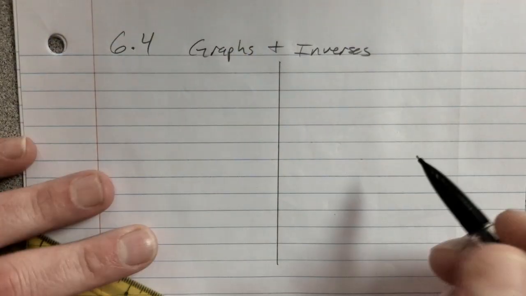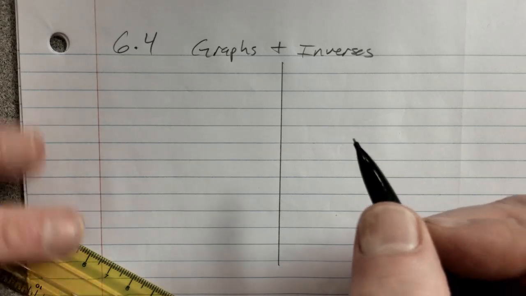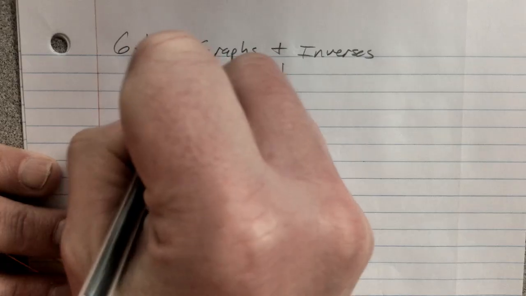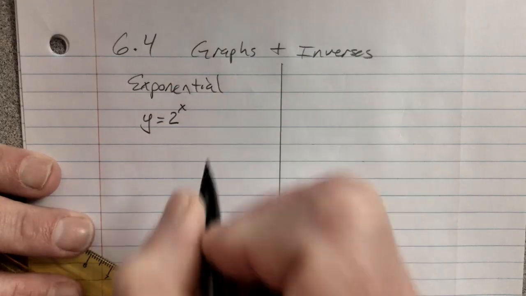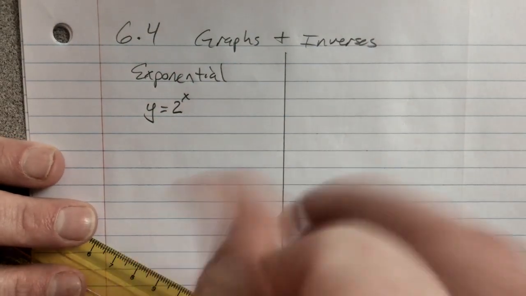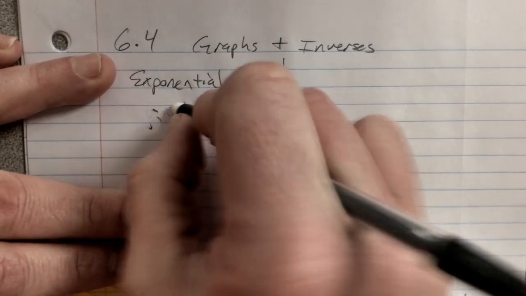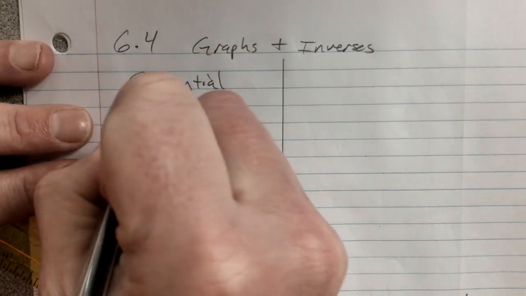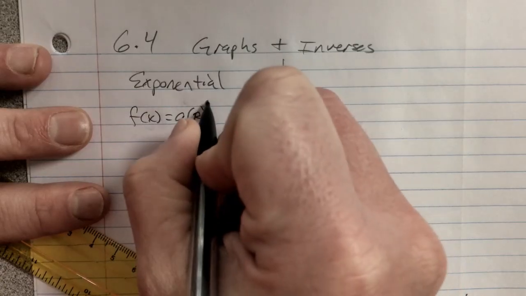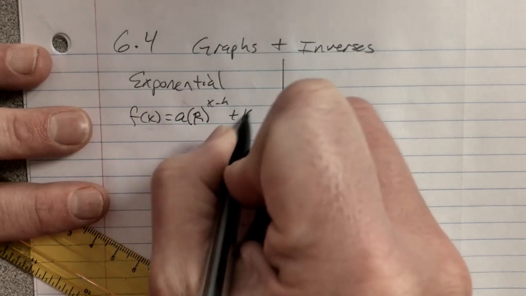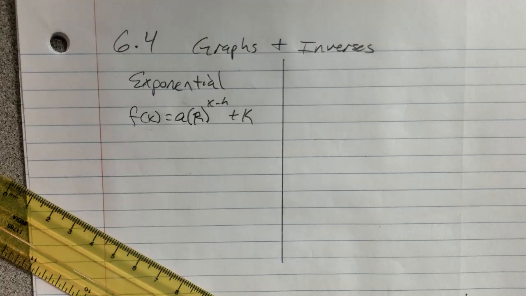So, Maddox, what does the A value do to a graph? Big R. That's what we did in 6-1, maybe 6-2.